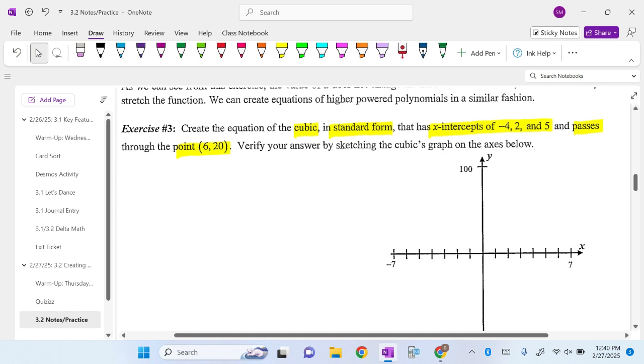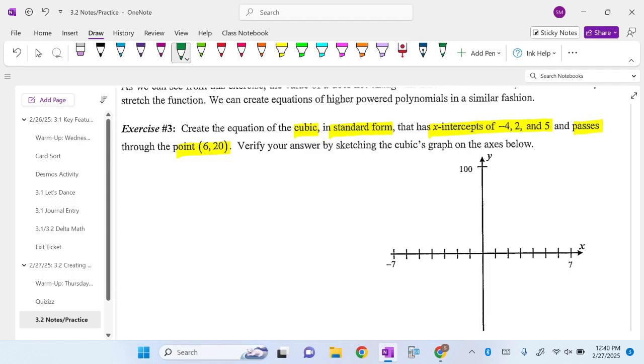Before I do anything, I'm at least going to sketch my points so I have an idea of what's going on. I got my x-intercepts at -4, +2, and +5, and then a point at 6, 20, so about here.